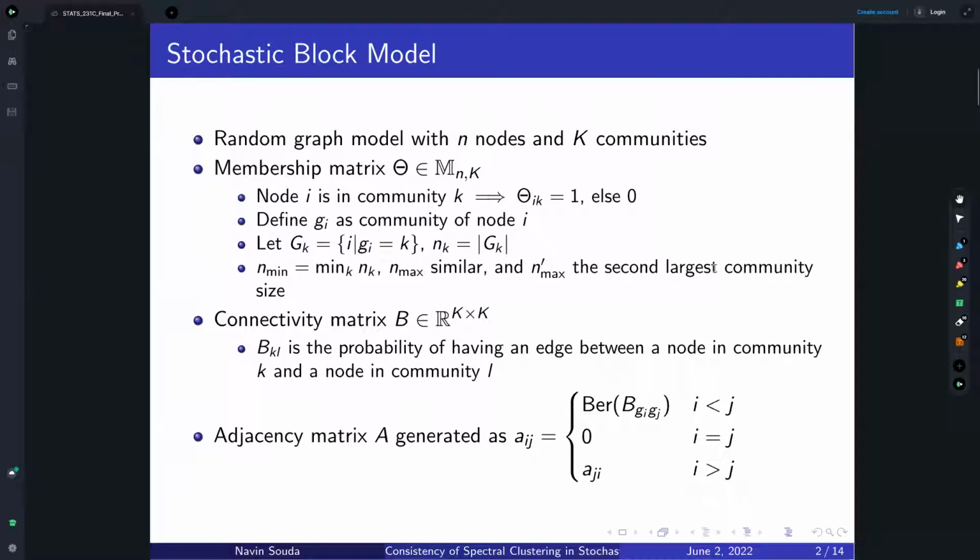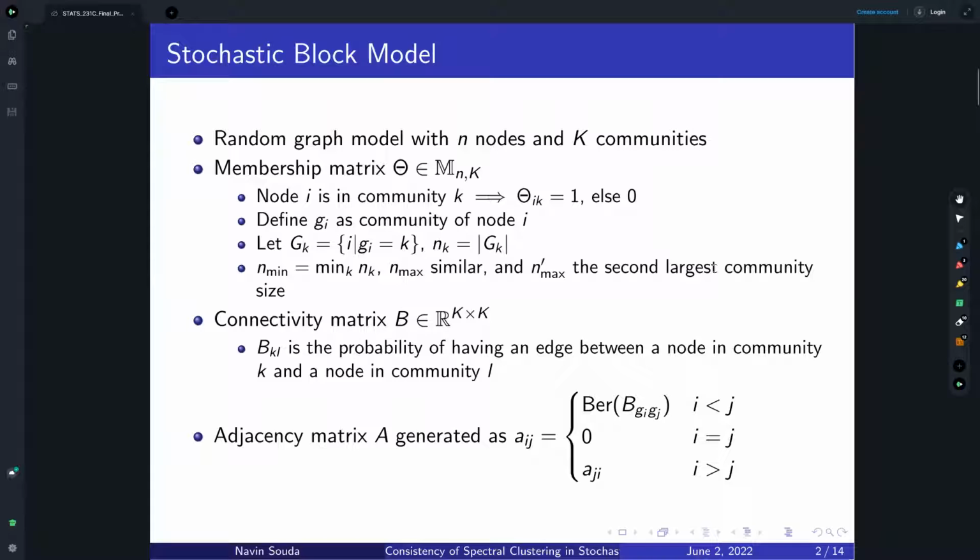The idea of our work here is that typically we try to do some kind of community detection where we hope that the diagonal elements of our matrix B are larger in some way than the off-diagonal elements. So you're more likely to be connected to things in the same community as you and less likely to be connected to things outside of it.